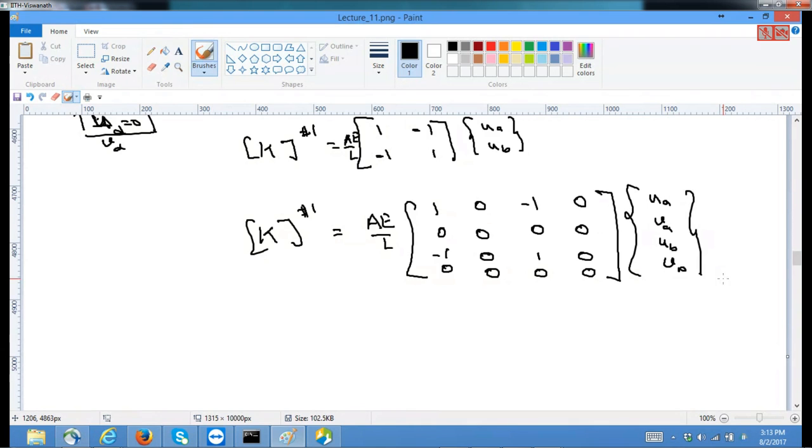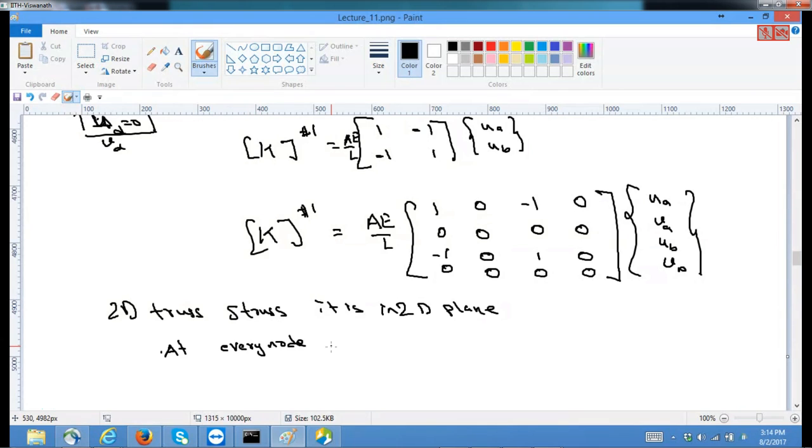If you look at it, what we are doing is we have 2D truss members. In a 2D truss structure, it is in a 2D plane. If it is in a 2D plane, at every node we have 2 degrees of freedom.